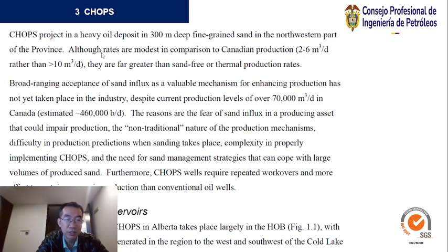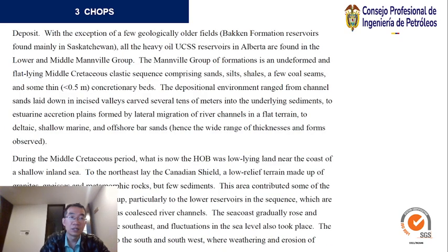Typical Alberta reservoirs. Heavy oil development using CHOPS in Alberta takes place largely in the HOB, with a small amount of production generated in the region to the west and southwest of the Cold Lake deposit, with the exception of a few geologically older fields.